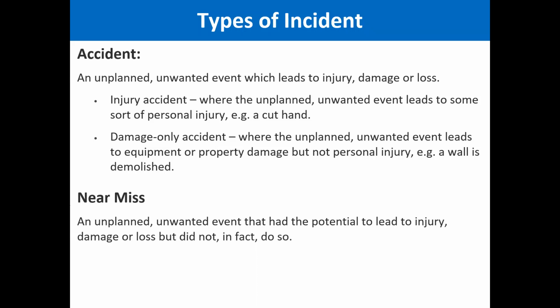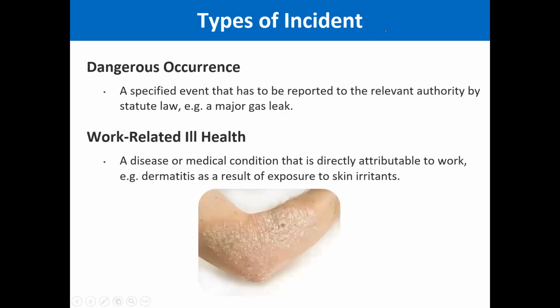A damage only accident is where the unplanned, unwanted event leads to equipment or property damage, but there is no personal injury. For example, a wall is demolished. A near miss is basically an unplanned, unwanted event that had the potential to lead to an injury, damage, or loss, but did not actually do so. So this is the definition of a near miss.